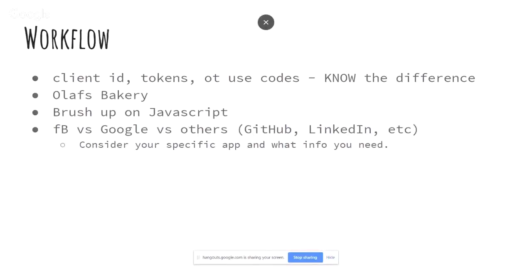go through a Stack Overflow post on Olaf's Bakery, and that is just an interesting way of describing what actually happens. So in OAuth2, there are 3 parties. There will be your application, there will be your user, and then there will be the third party.